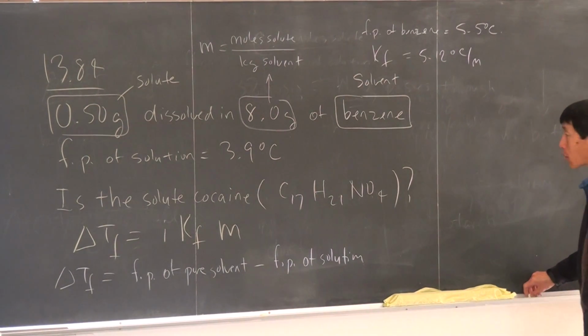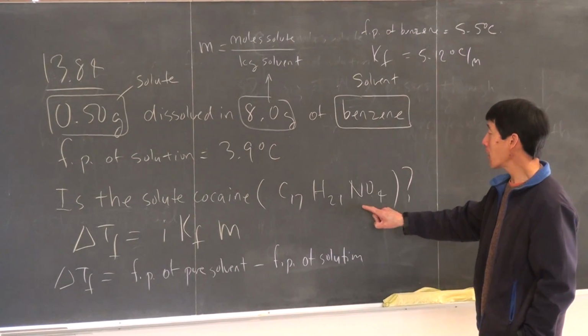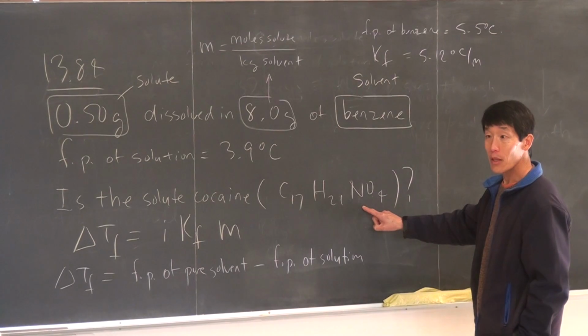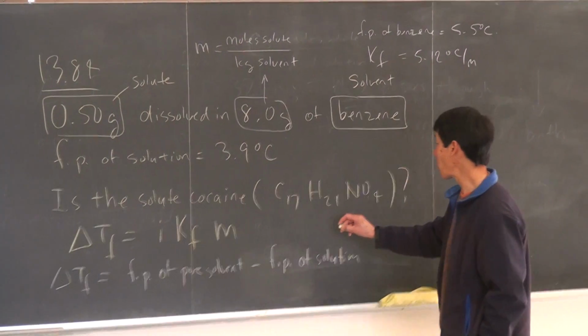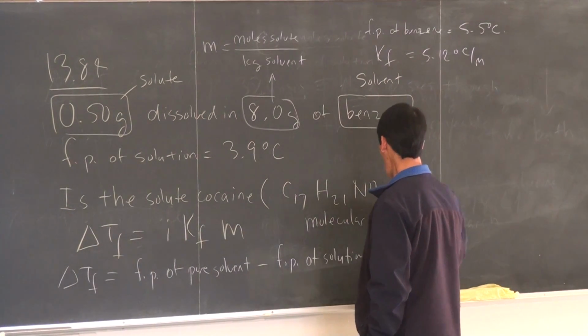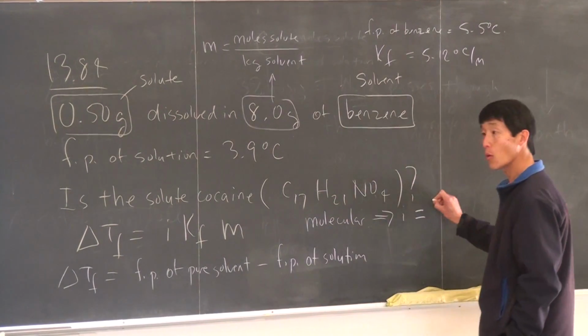Based on this chemical formula, what type of compound is C17H21NO4? Is it ionic or molecular? Yes, this is a molecular compound. That means i equals 1.